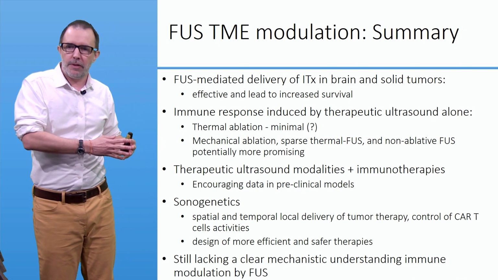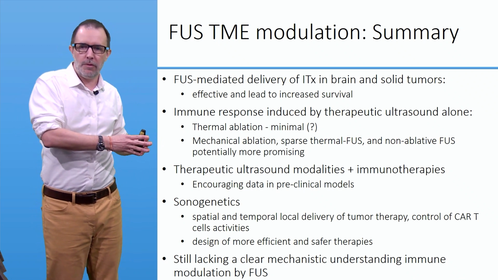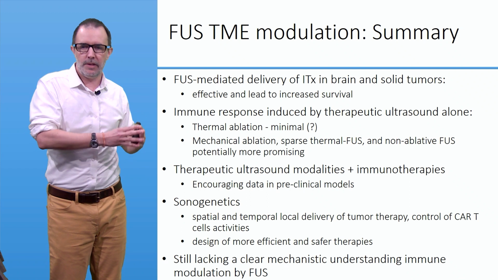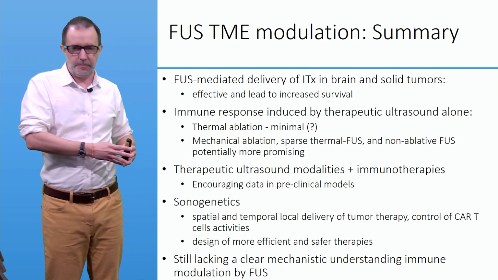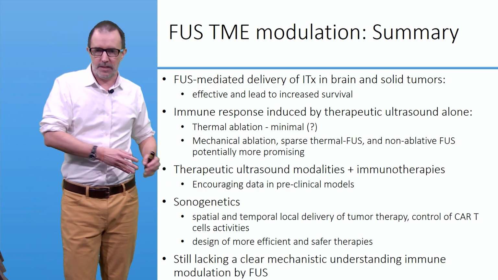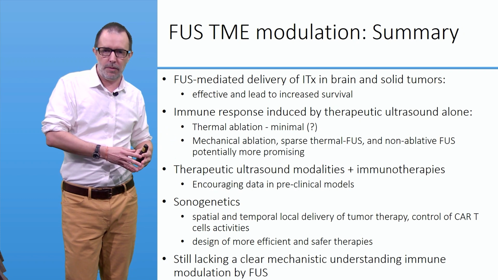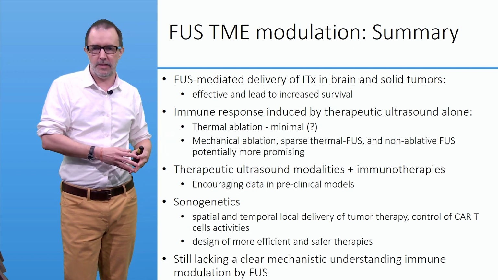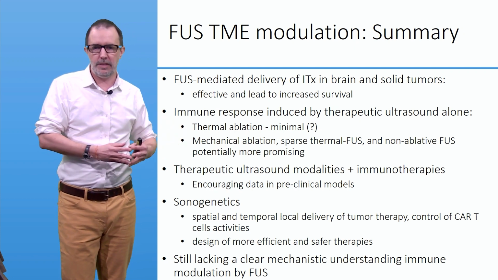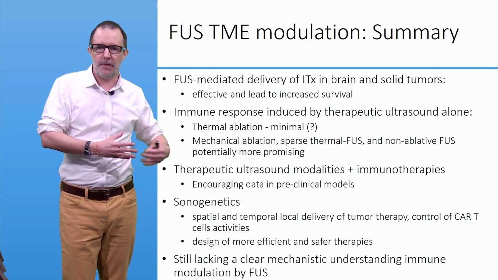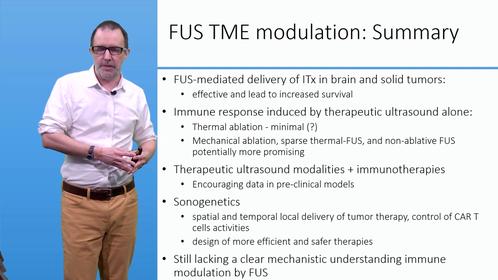The combination of therapeutic ultrasound and immunotherapy, again, there is a lot of very encouraging data in preclinical models. Sonogenetics, spatial and temporal local delivery of tumor therapy. You can control the CAR T cell activity, and that could lead to the design of more safe and effective therapies.